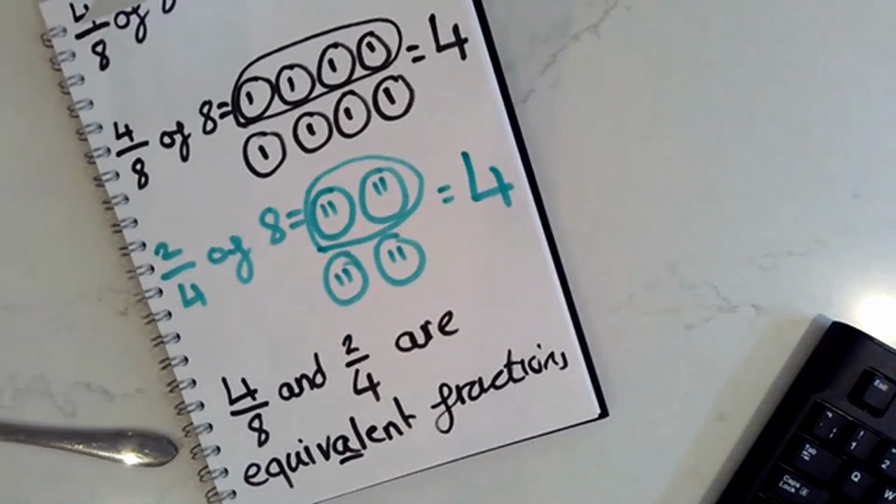Which means if I gave Miss Baldwin 4/8 of a cake and I gave Miss Head 2/4 of a cake, I've given them the same amount of cake.